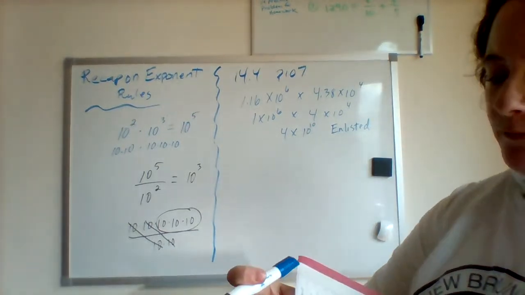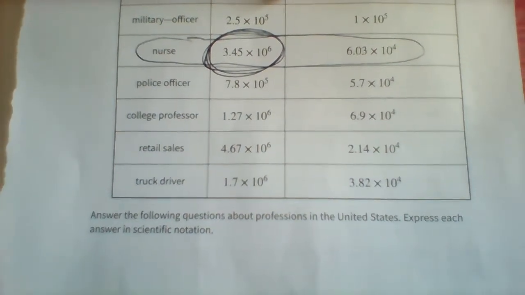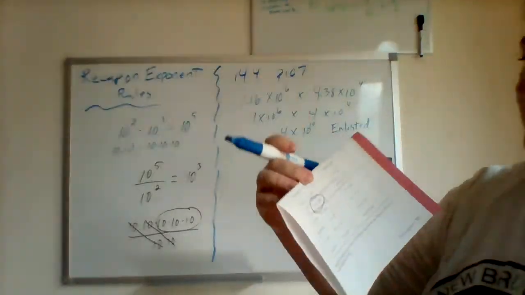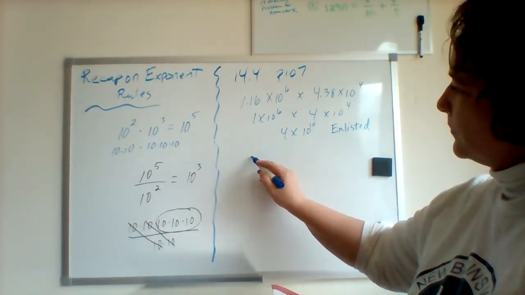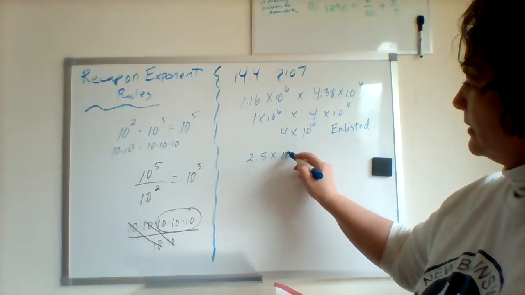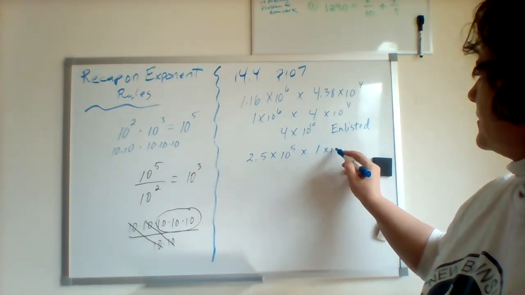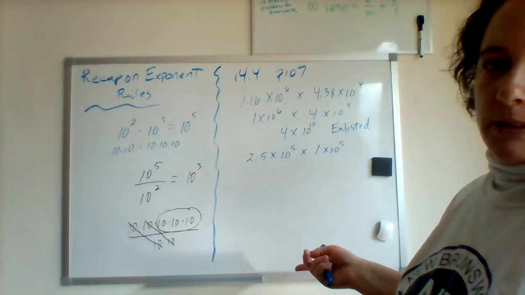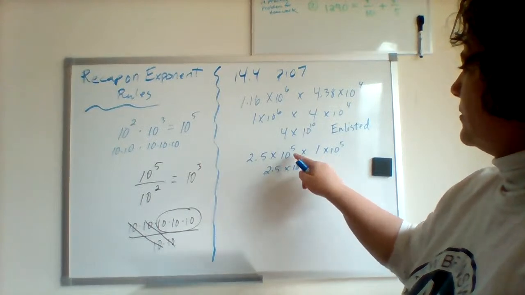Okay, now let's take a look at the officer. We have to multiply those 2 numbers together now. So that's 2.5 times 10 to the 5th times 1 times 10 to the 5th. 2.5 times, now this is nice because it's already basically estimated for you. 2.5 times 1 is 2.5 times 10 to the 5 plus 5.